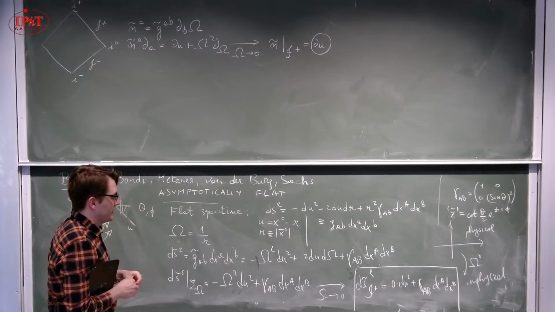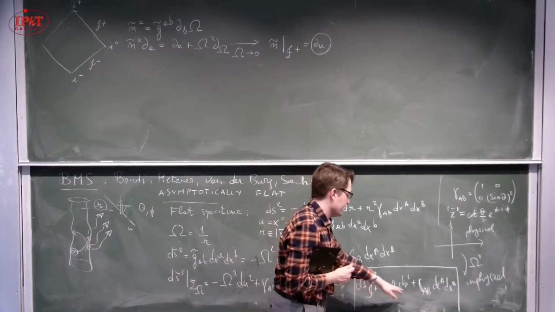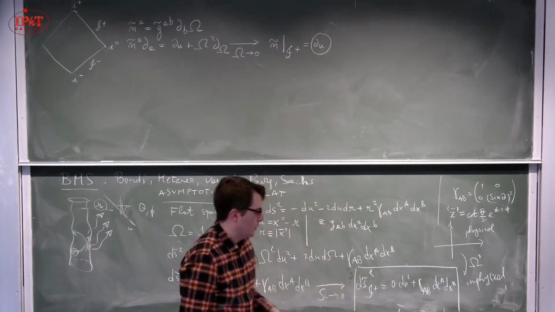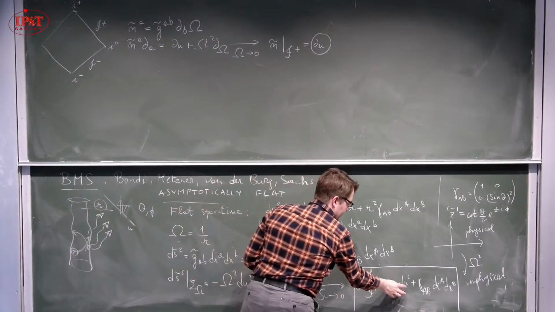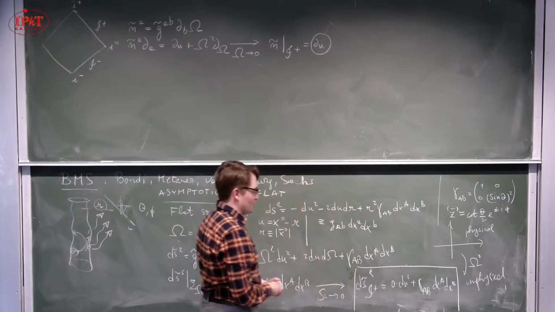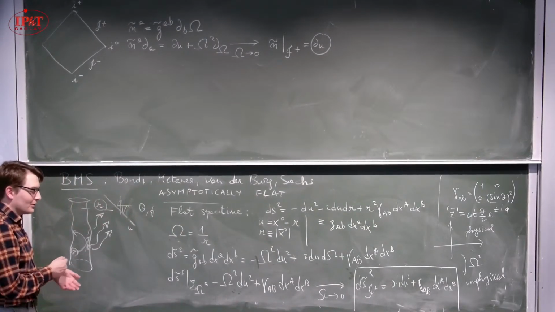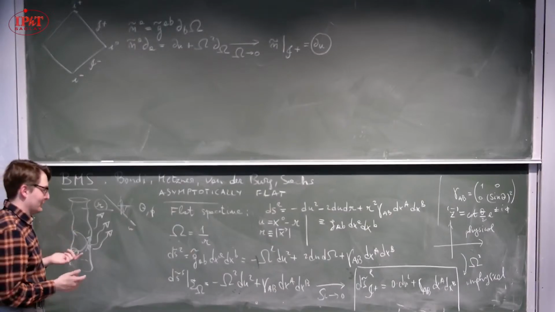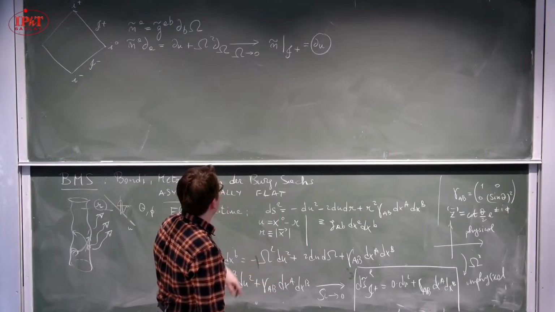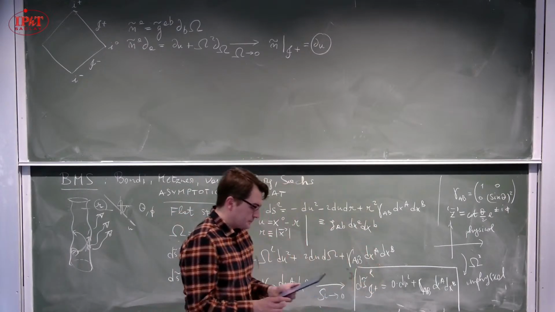And there are two important take-home messages. The first is that the metric is degenerate, and the boundary has the topology of a line associated to the retarded time times the sphere. It's just a fancy way of saying that asymptotic detectors measure for some time and receive signals from different angles, so time and two angles. And there is a null direction which has this associated normal.